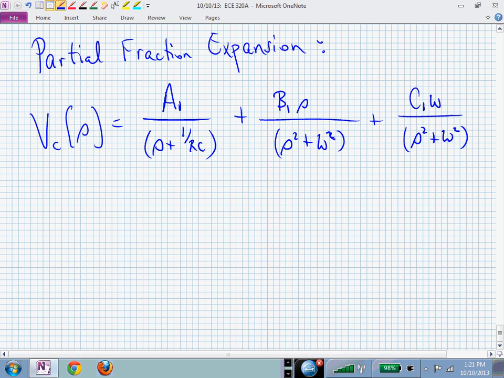If I wanted to solve for A sub 1, well, I don't know that I want to. We'll do that in a minute. But what is v sub c of t, little v sub c of t? If this is my structure in the frequency domain, what's my structure in the time domain? And I can allow you to just keep it in terms of A1, B1, C1, 1 over RC, and omega.